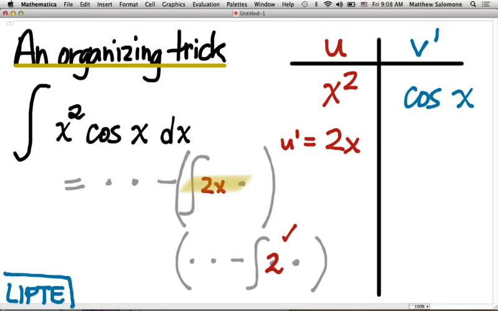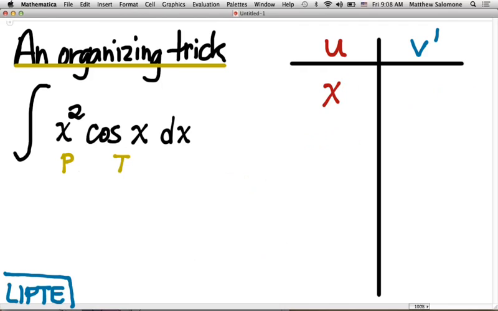So here's my proposal. Let's keep track of, as long as we're making the same choices for u and for v prime every time. In other words, as long as we're always choosing our u to be that power of x, and as long as we're choosing the v prime to be our trig function, then the first time I integrate by parts, x squared is going to turn into 2x.